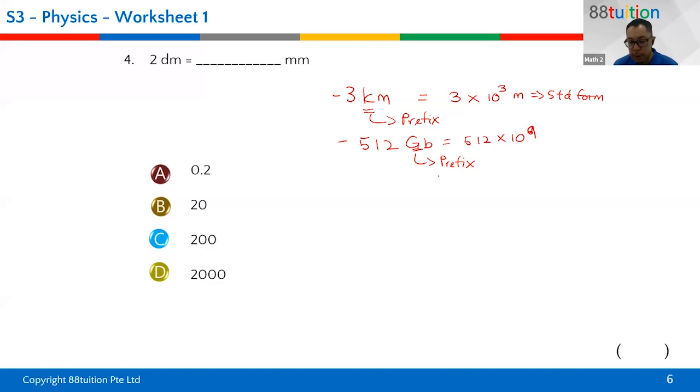This one, the gigabyte, is not yet a standard form. You must further simplify it. So 512, imagine there's a decimal place on the extreme right of the 2. I want to shift it forward twice. Since I shift it to the left twice, I get 10 power 2. I still maintain this.